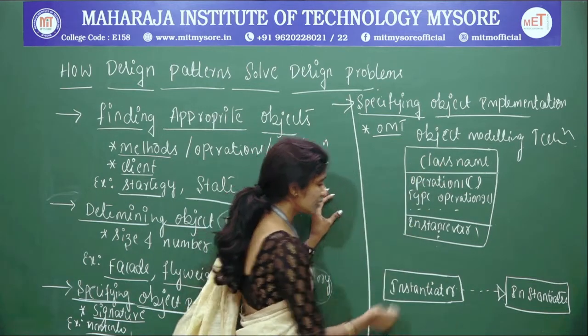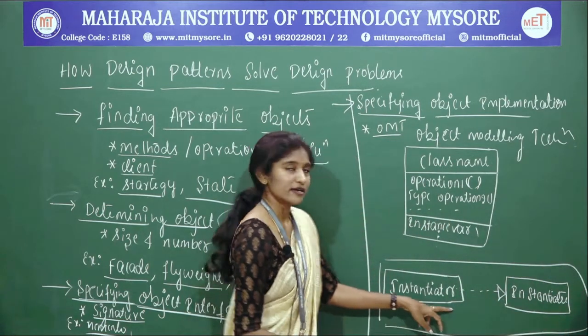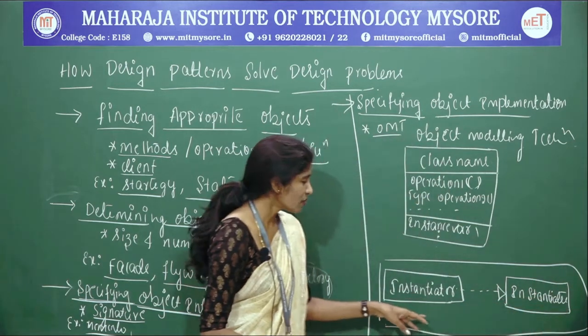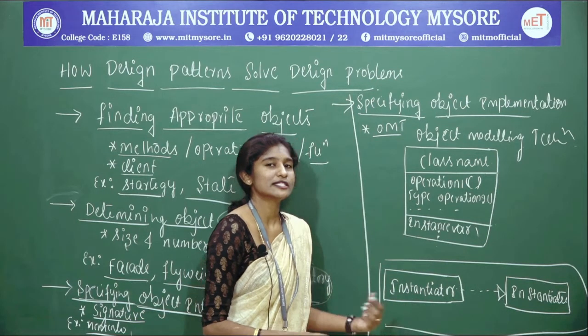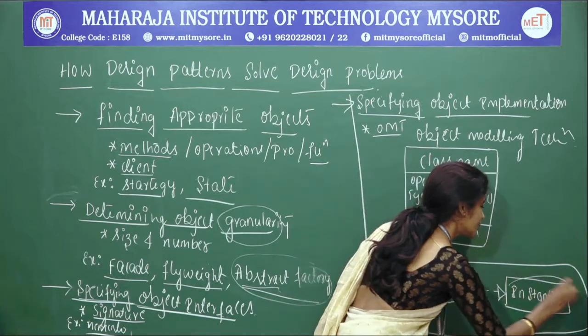Coming to this part, you can see here I have written instantiator and instantiatee. What is this? The instantiator is nothing but a class which is going to instantiate the object, and that object is known as the instantiatee.